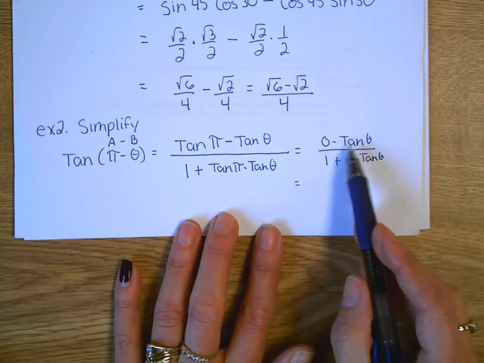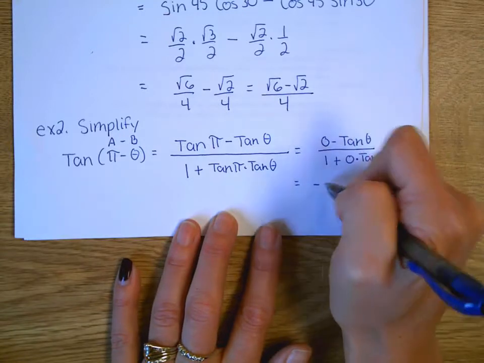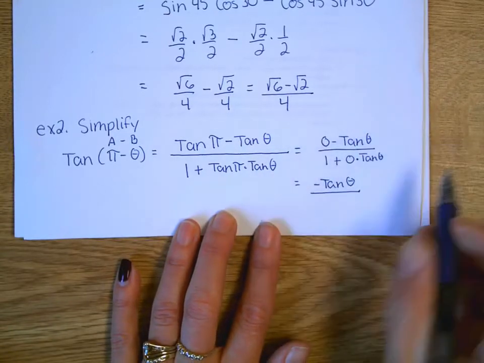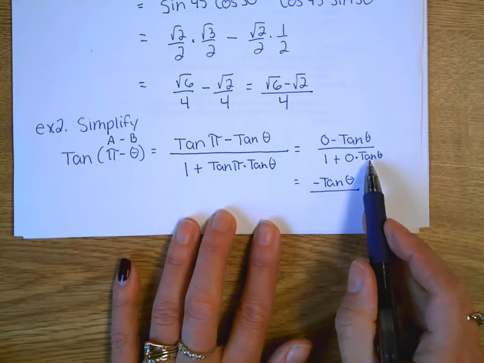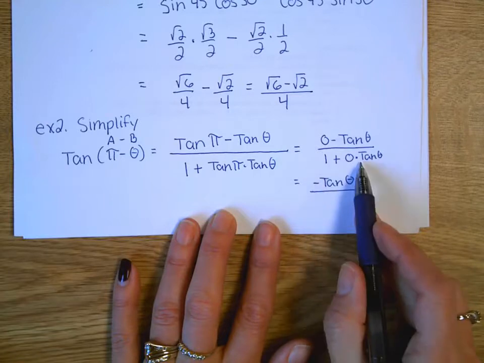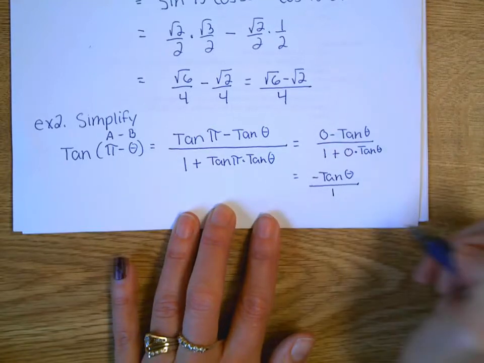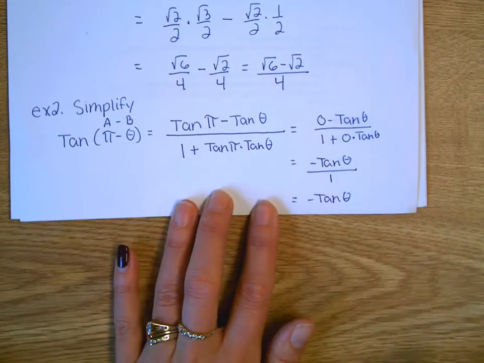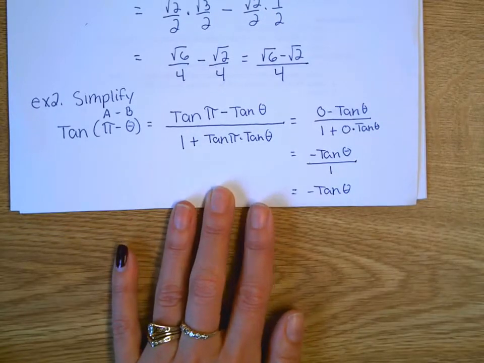So 0 minus tan theta is negative tan theta. On the bottom, you have to multiply first. What's 0 times tangent? 0. 1 plus 0, 1. If you divide by 1, you get the negative tan theta. As simplified as you can get it.